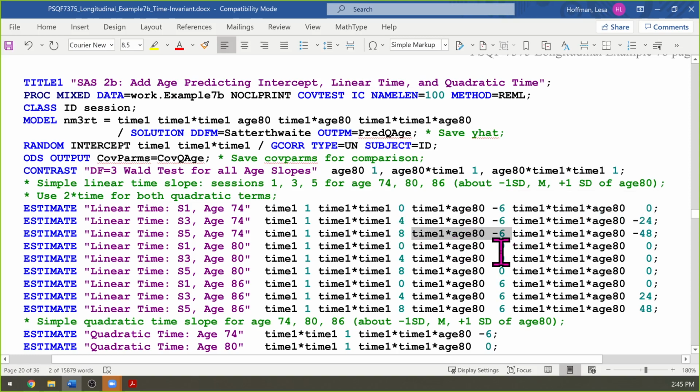So I need to know the value of the moderator for age. From there, what goes into the last one is a straight multiplication of what you put previously. So this is -24 here because 4 times -6 is -24. Likewise, 8 times -6 is -48.